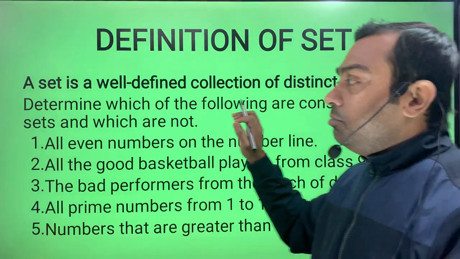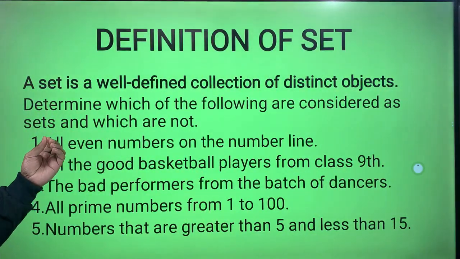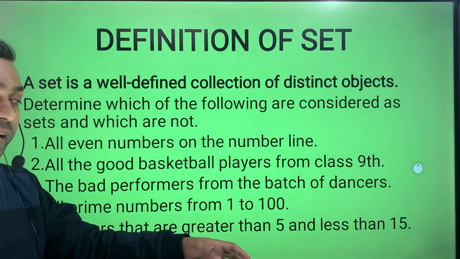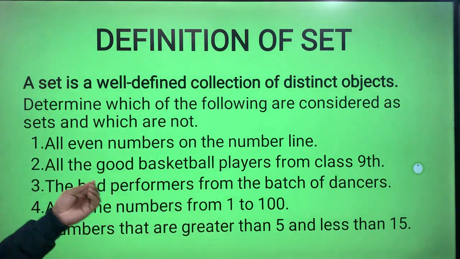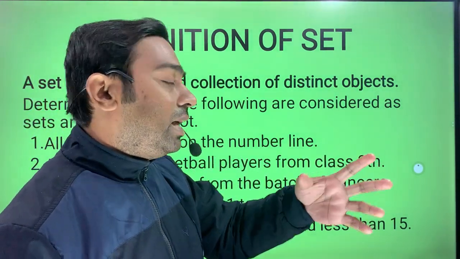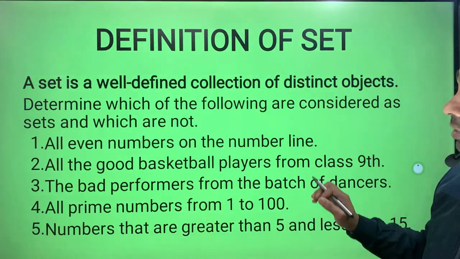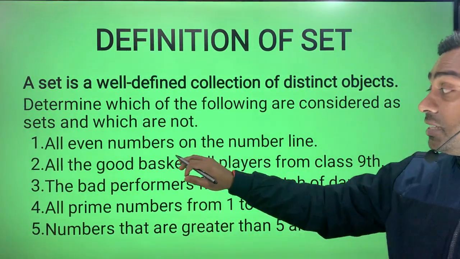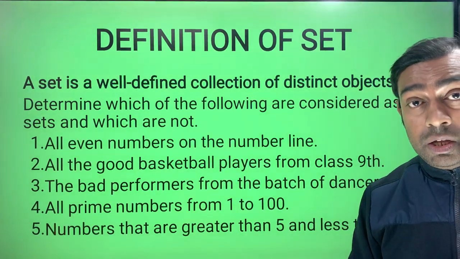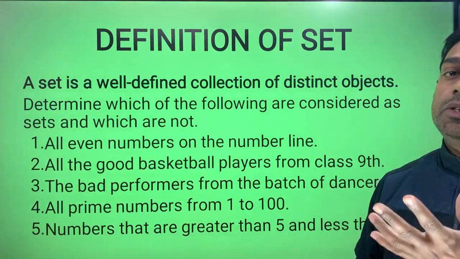Now determine which of the following are sets. You can see some examples I have put here. All even numbers on the number line: yes, obviously a set. All the good basketball players from the class 9th students: can this be a set or not? We don't have any parameters for which are good, which are average and which are not good.